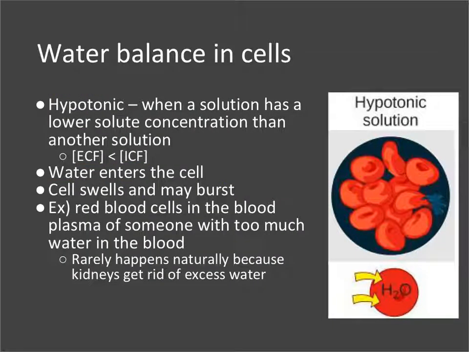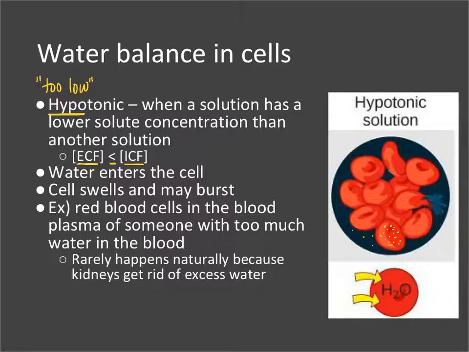The third possibility is a hypotonic solution. And hypo means too low or not enough. So in this case, the extracellular fluid is lower in concentration than the intracellular fluid. That means that there is too much solute inside the cell and not enough in the extracellular fluid.